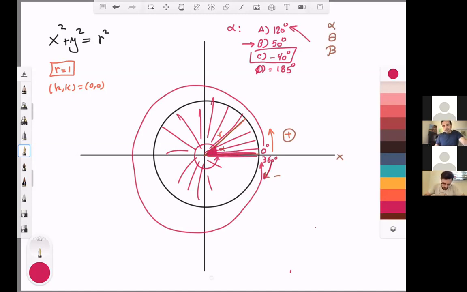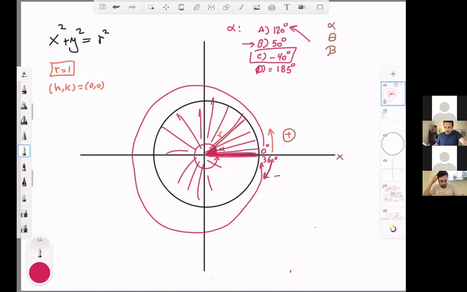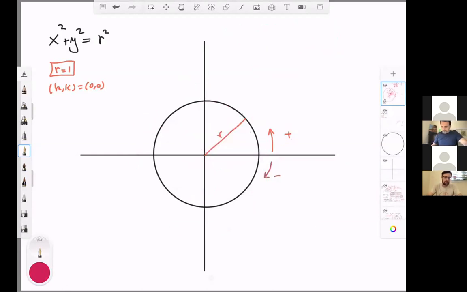Any questions so far? No question. So from here to there we get 360 degrees. If we divide it by 4, what degree is here? I'm going to say 0 and 360 degrees.